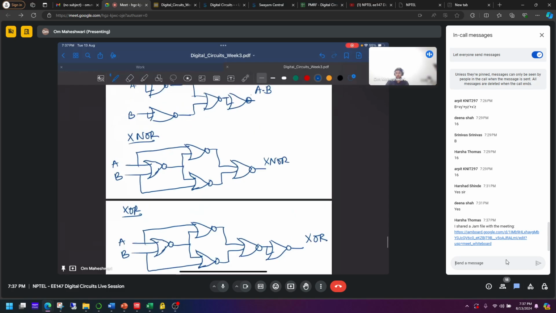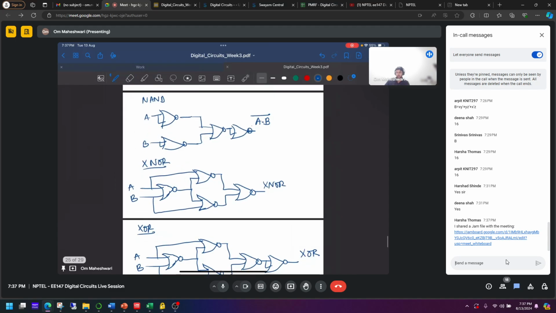So the question asked how many NOR gates you need to make for XNOR? Answer is 4.